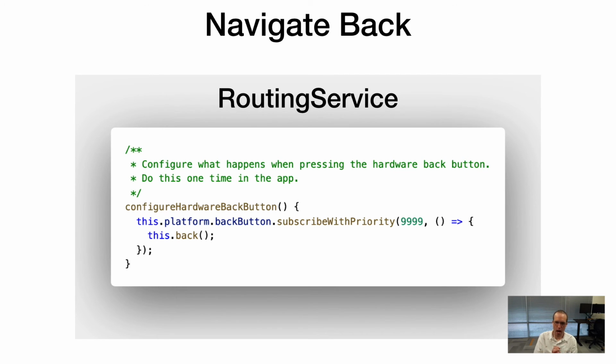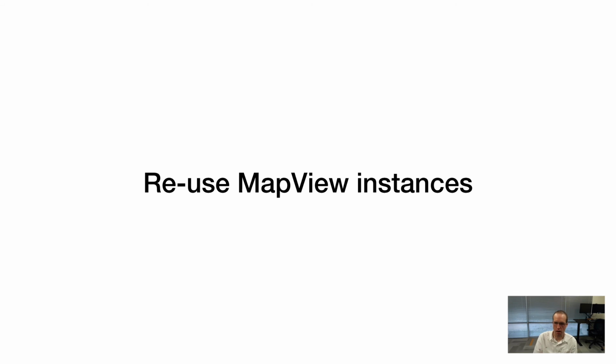So one time in the app, we call this method, we use Ionic's platform object, and we override the back button. We say, if someone clicks the back button, just call our routing service's back method. And so now the in-app back button and the Android back button both work the same way. All right, that's flattening the navigation stack with Ionic.